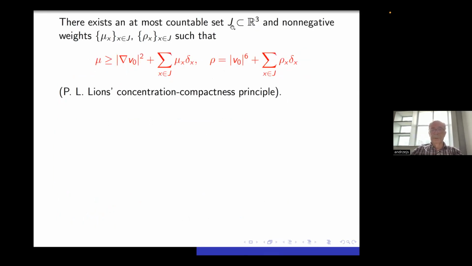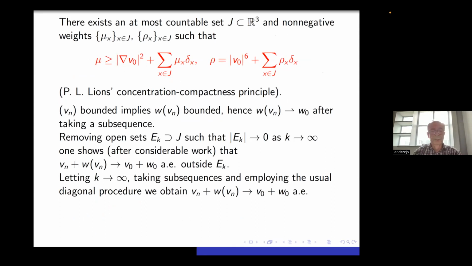And now there exists an at most countable set J with non-negative weights such that mu is bigger than or equal to this, and rho is equal to this. And this is in fact exactly Pierre-Louis Lions' concentration compactness principle.